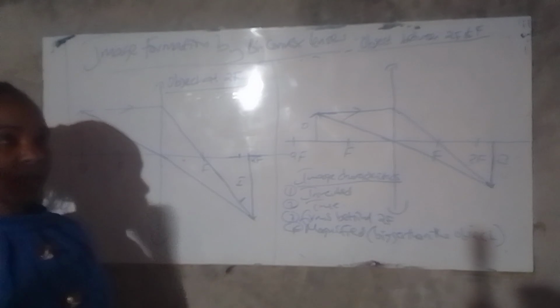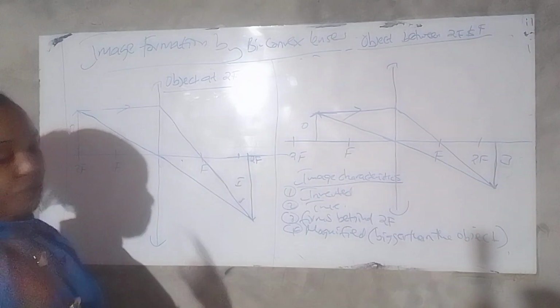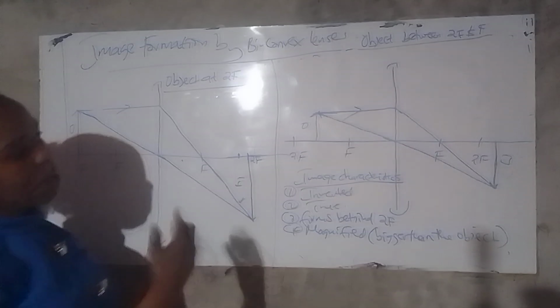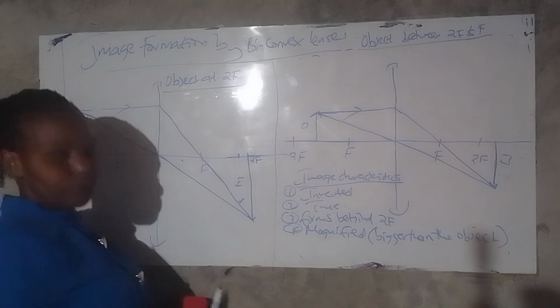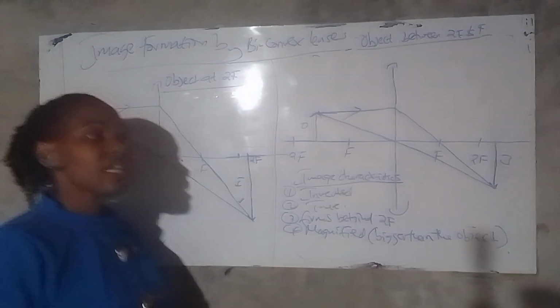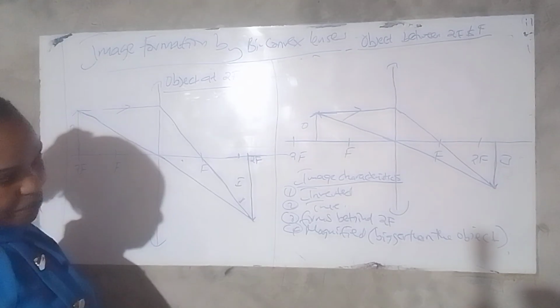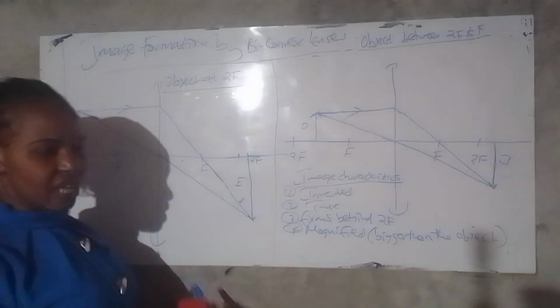So we started with an object at infinity. So behind 2F, at 2F, now between 2F and F. And we are seeing when the object is between 2F and F, then our image is forming behind 2F. So what pattern are we seeing here?